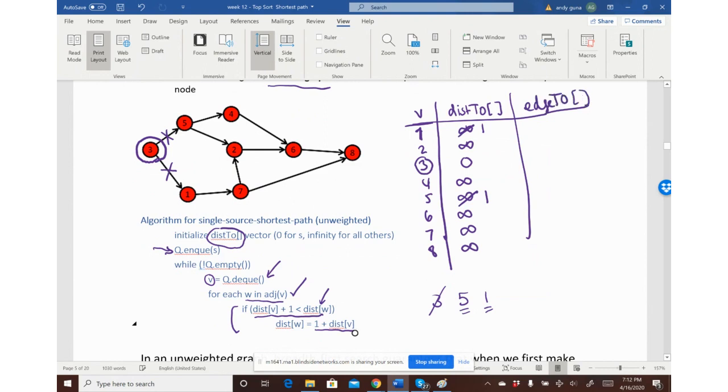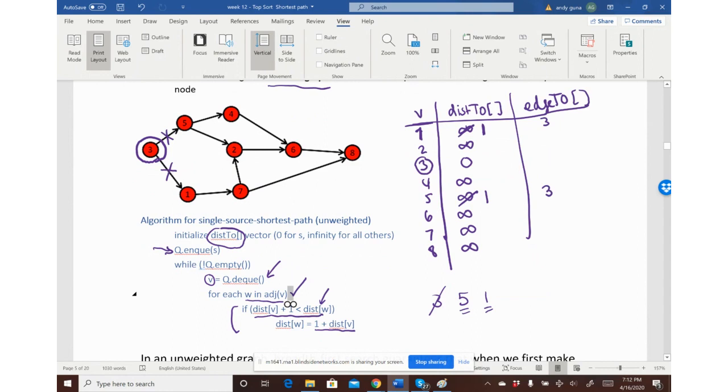What we mean by edge to is that we updated this because there was an edge from 3 to 1. There's an edge from 3 to 1, and for this one we updated this to be 3 as well, because there's an edge from 3.